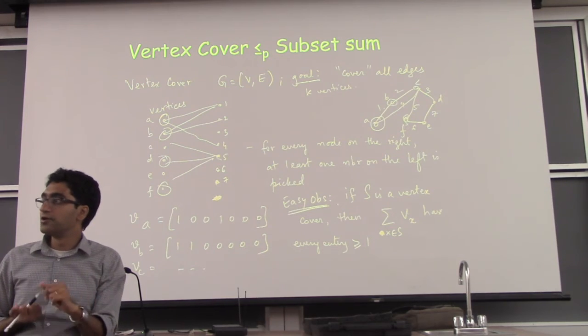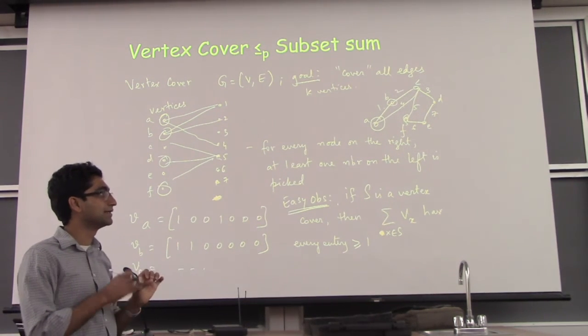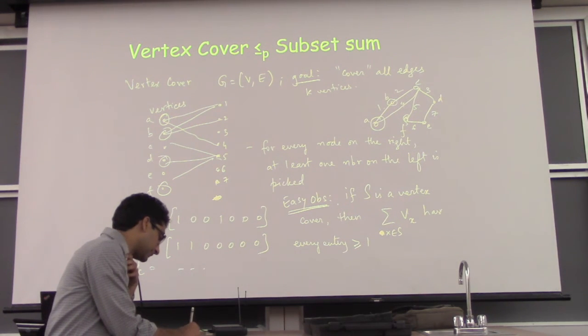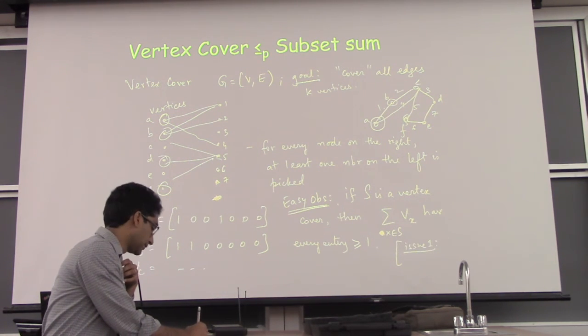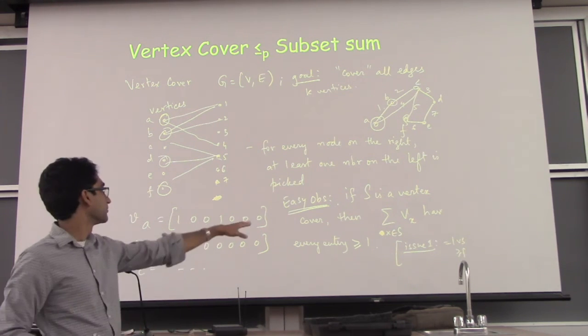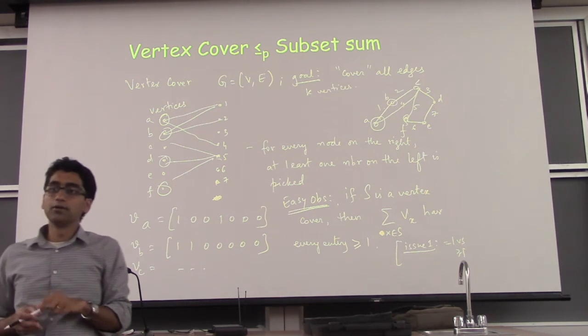So you actually want to come up with some target vector and say that these have to add up to this. So this is one issue. And equal to 1 versus bigger than or equal to 1. It would be nice if you would say equal to 1. And what's the other issue?